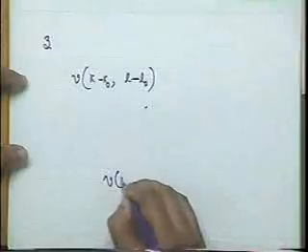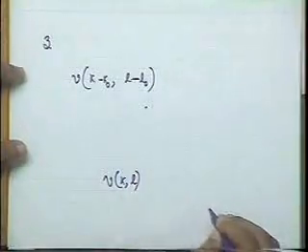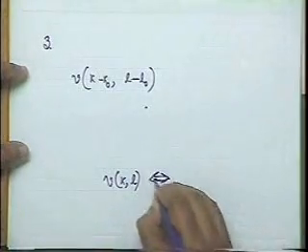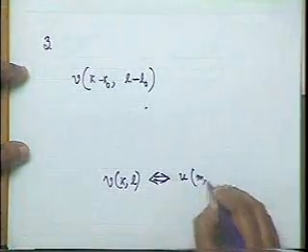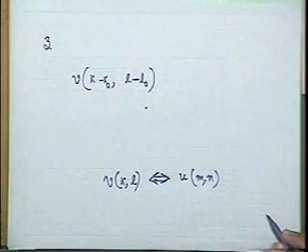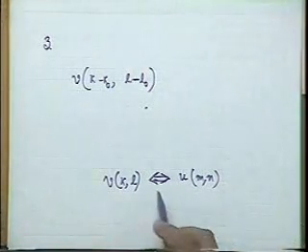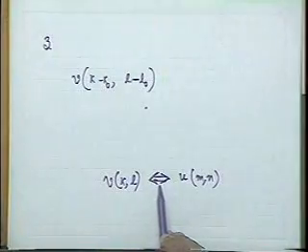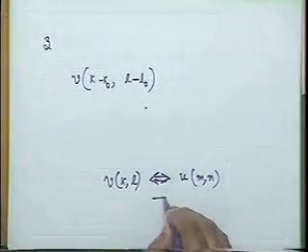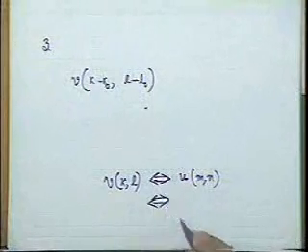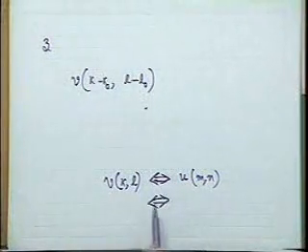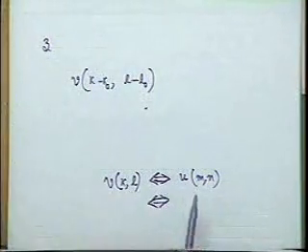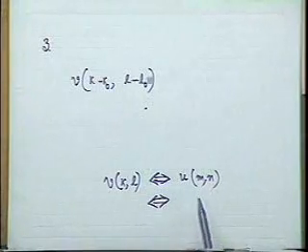I know that v(k,l) and u(m,n) are transformation pairs, usually indicated by a symbol like this.